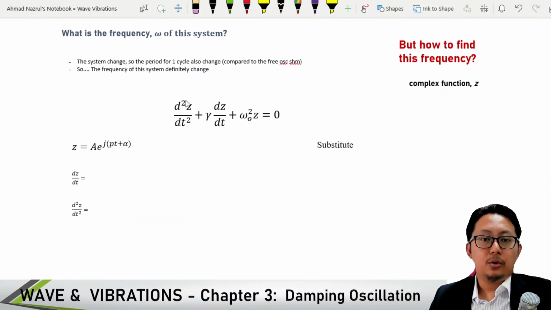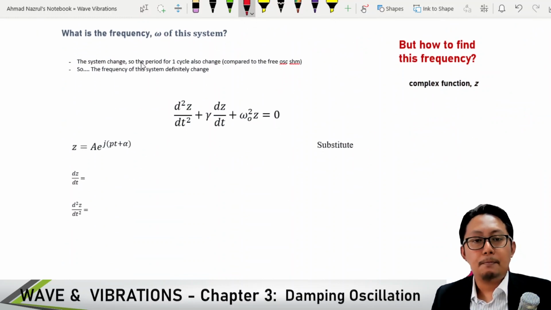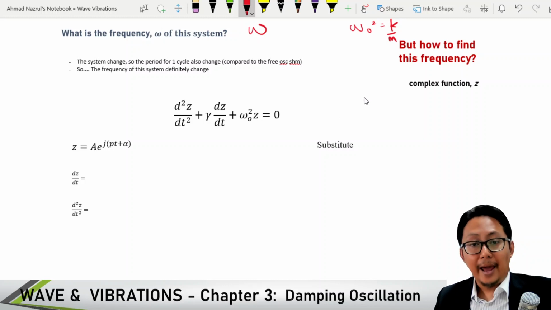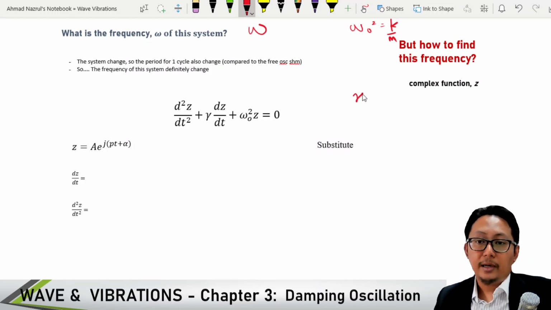To solve this, since we want to find the new frequency, we already know omega naught squared is equal to k over m. That will be the standard. We need to assign x first, the value of x.